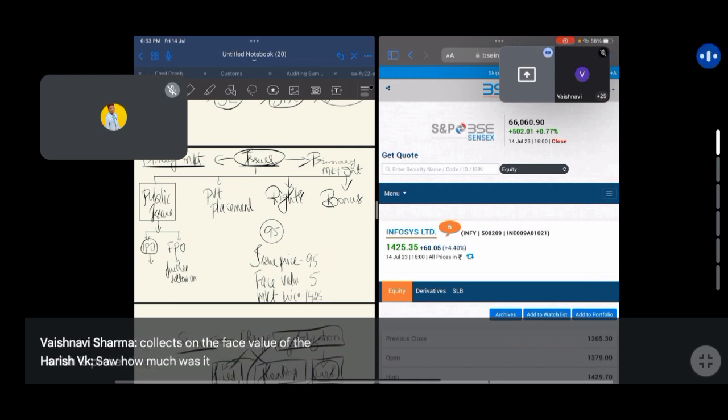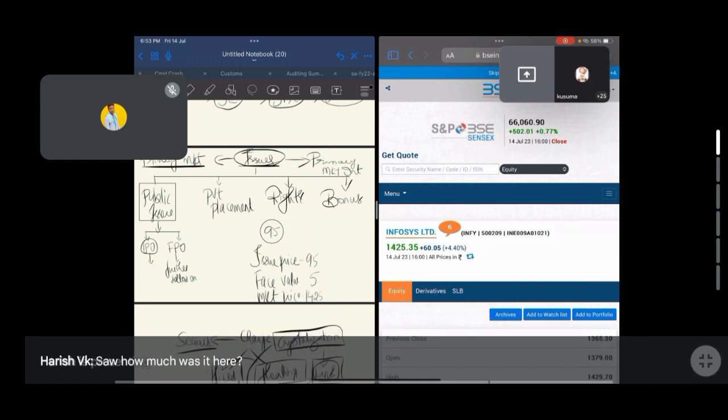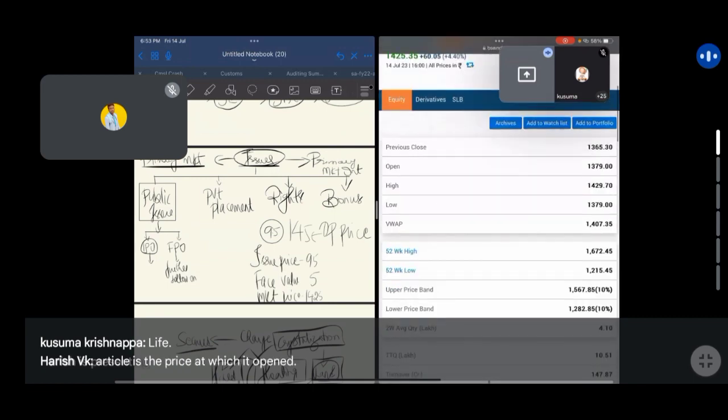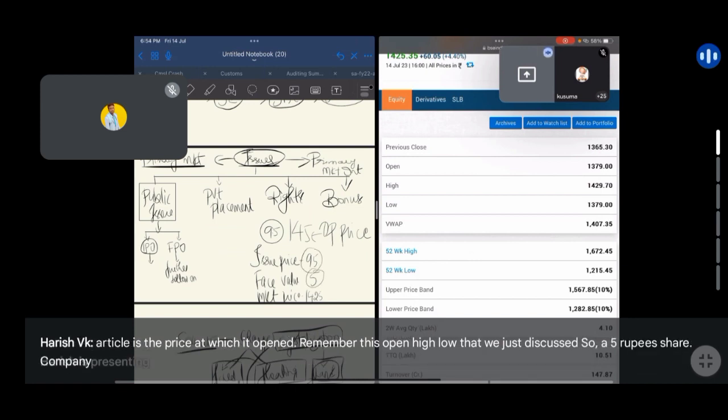So how much was it here? 145. No, that is the opening price. So that 145 that you saw in the article is the price at which it opened. Remember this open, high, low that we just discussed? So a 5 rupee share, the company demanded 95.